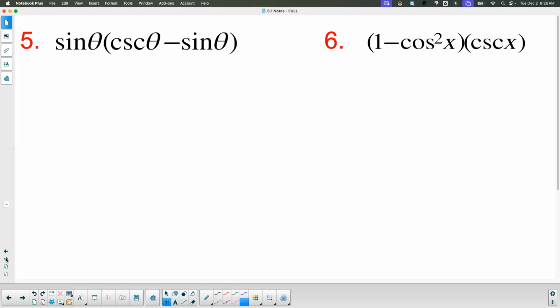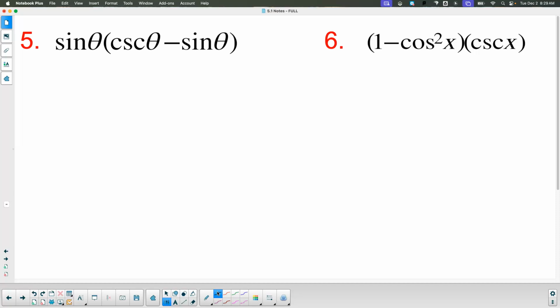Try those two. So you could do number 5 in a couple of different ways. You could distribute your sine first.